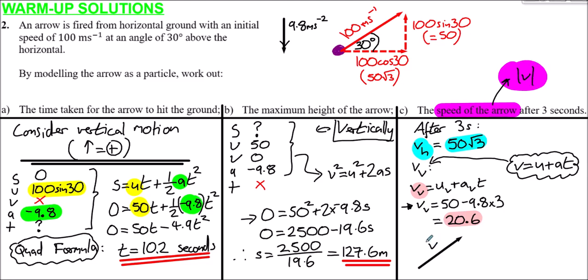So I'm trying to find this here, the magnitude of its velocity. It'll still be going up. And then in terms of components, we work these out. So the horizontal component was 50 root 3. Going along, that's the horizontal. And vertically was 20.6. So just piecing these two bits together, we have that.